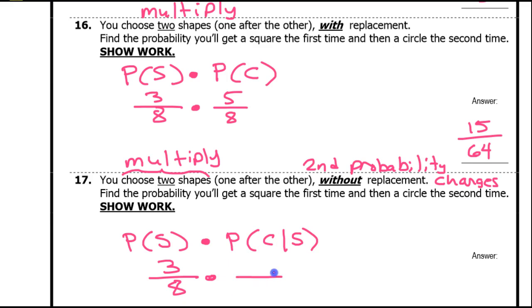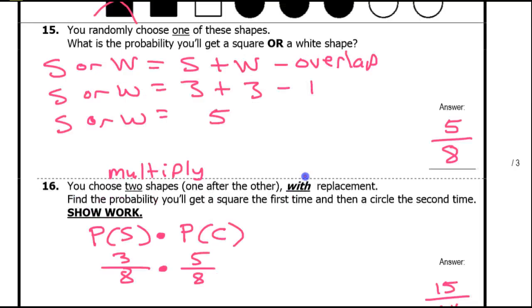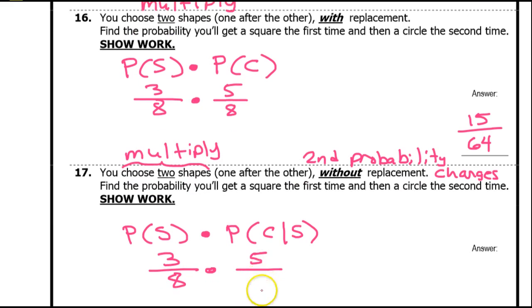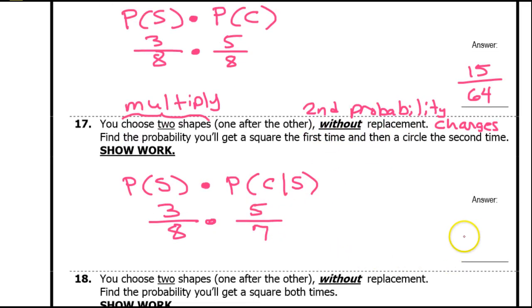So when we do the probability of grabbing a circle, we're going to do target over total. There are still 5 circles, so I'm still going to put 5, but there are not a total of 8 shapes anymore. There are only 7 left because we did not put the square back. So that's why the new probability is going to be 15 out of 56.